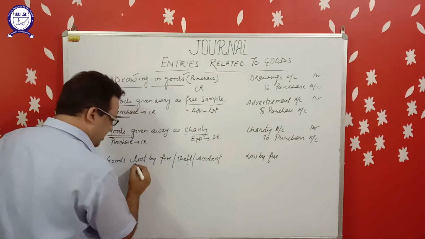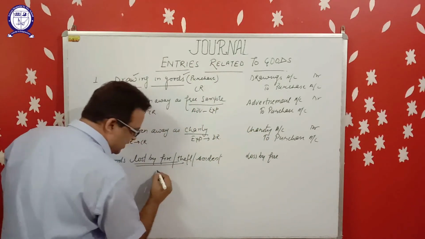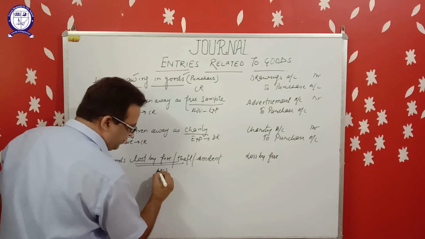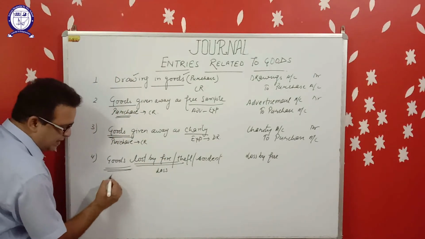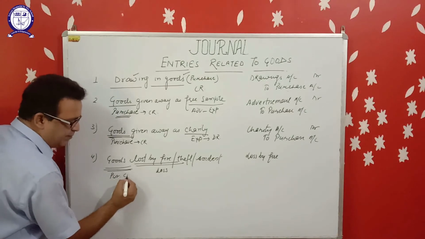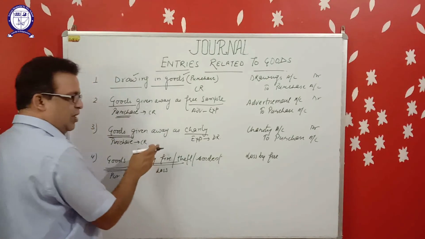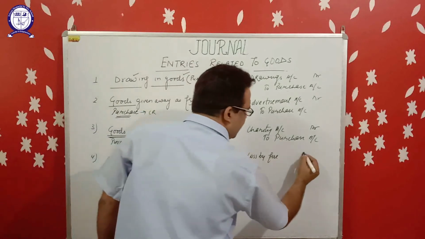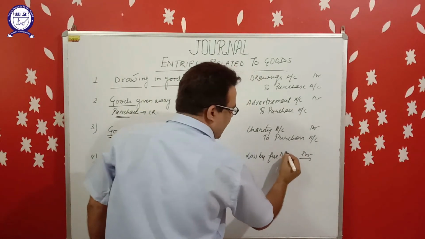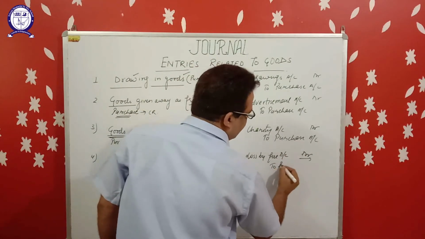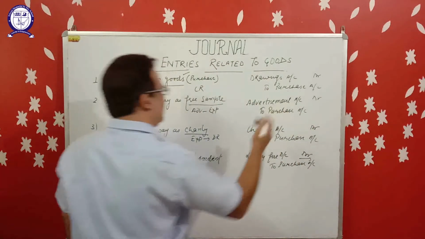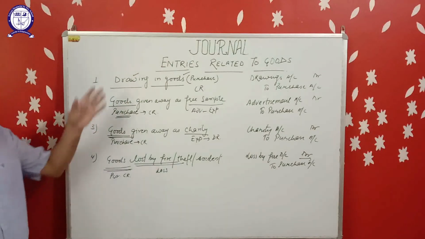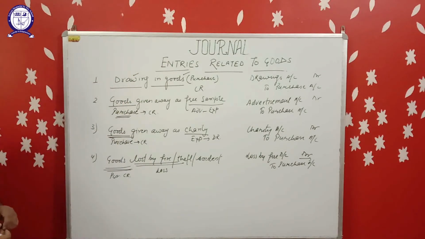You know, this is a loss for the business, and goods are reducing, that's why purchase account is credited. Loss or expense is always debit, so loss by fire account debit, to purchase account. This will be the journal entries. So these are some entries related to goods.